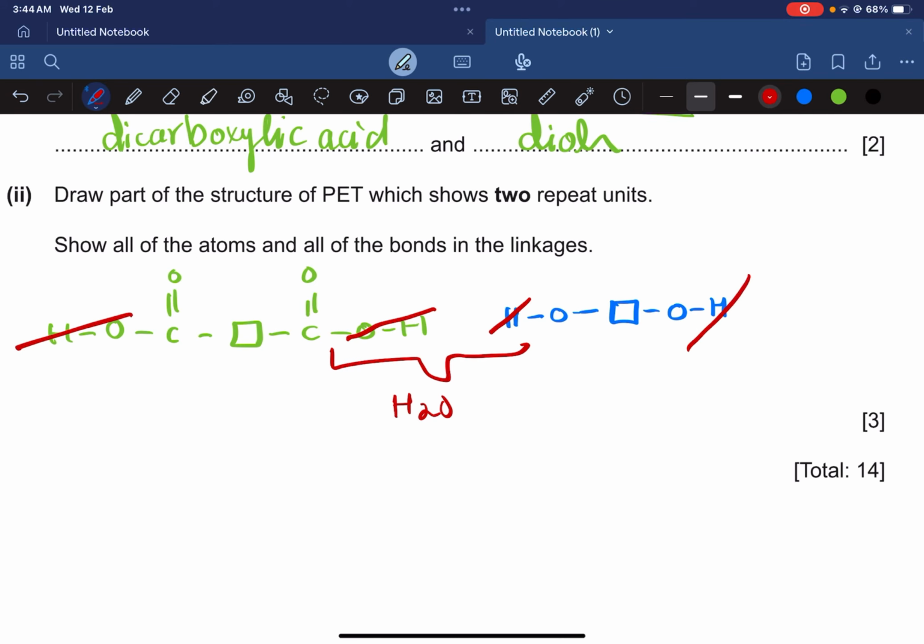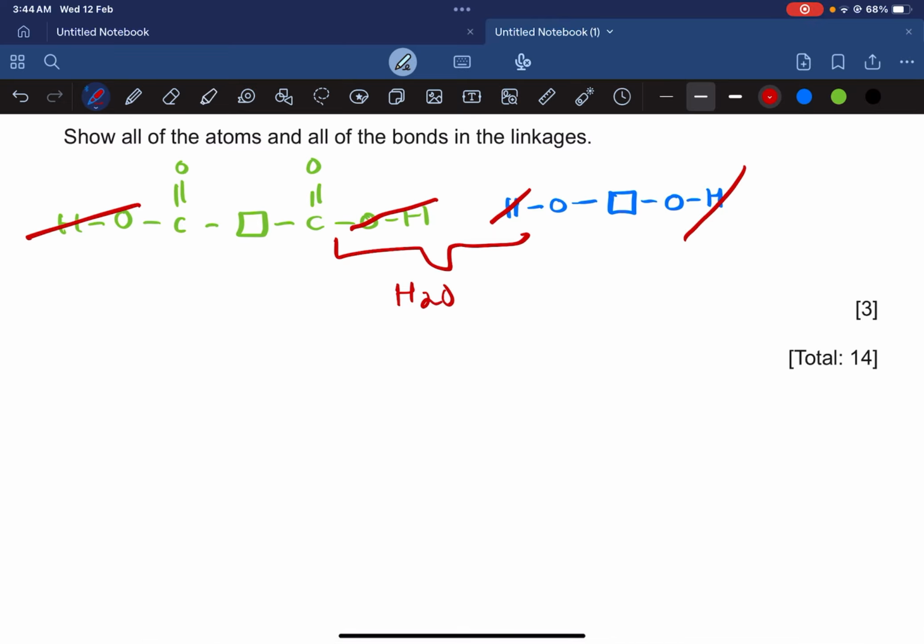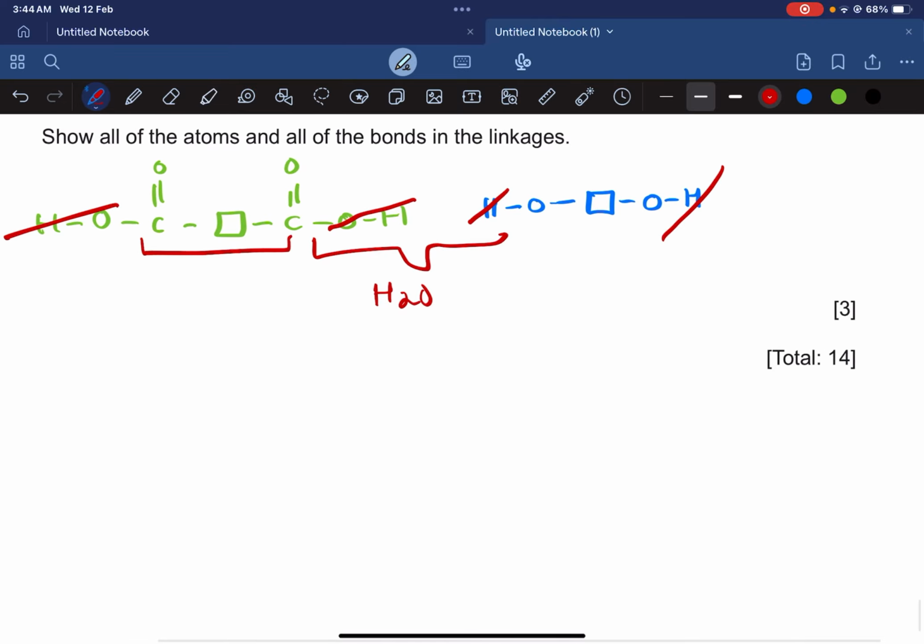So now let's draw the repeat units. One repeat unit is going to have 1 dicarboxylic and 1 ol. So now we are only going to draw the remaining part which we have not cut out. In order to make water, we have cut 1 H from here and OH from here. That's going to make H2O. So let's draw it.